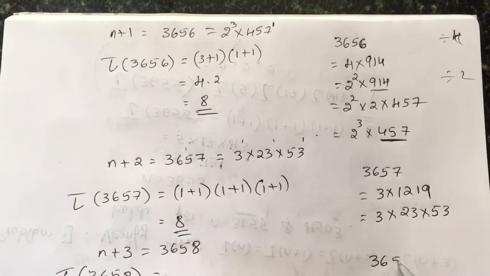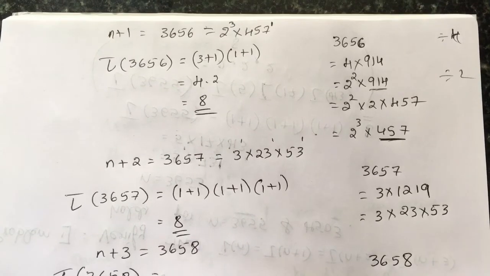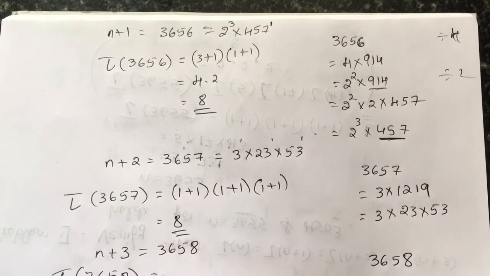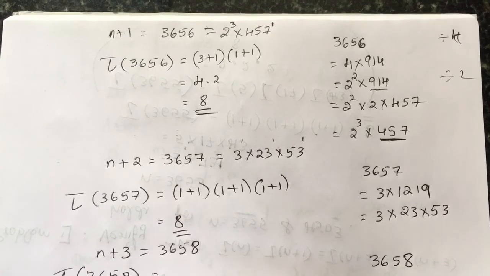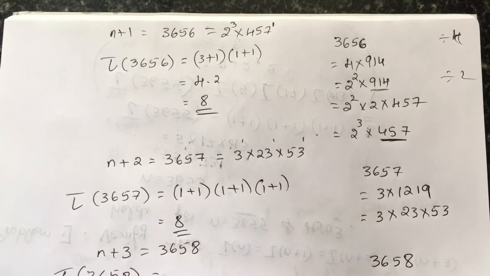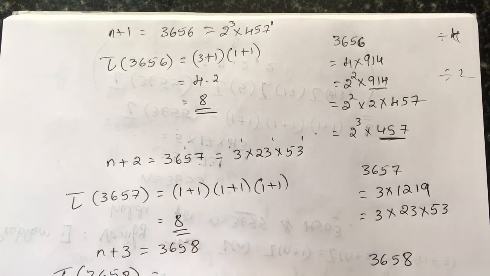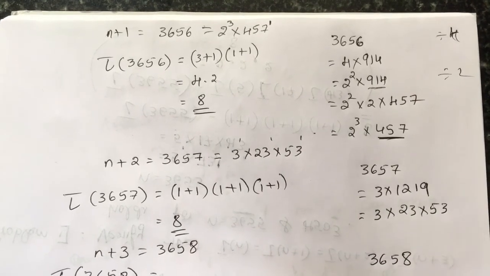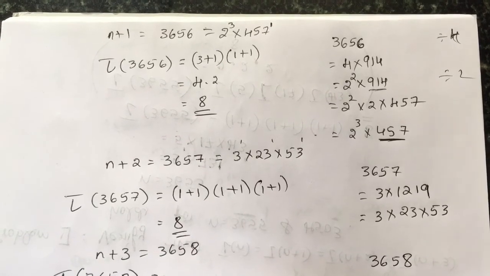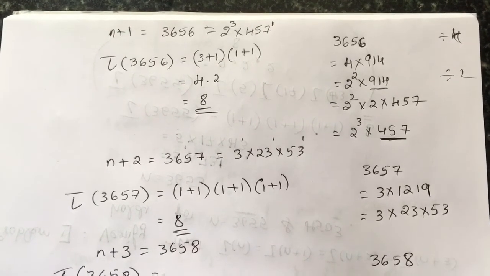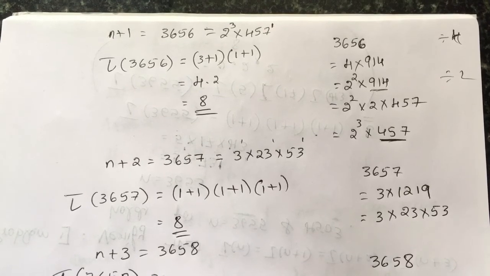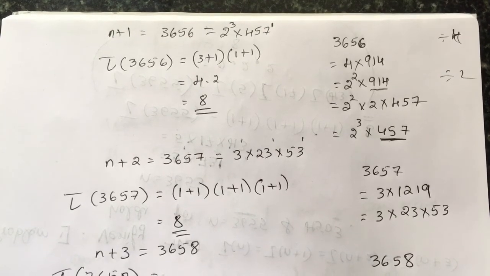3658 can be written as, we'll try to divide it by 4. No, we'll go by dividing it by 2. That could be easier. 1829. Since it's 9 over here, we'll divide it by 3 and check.